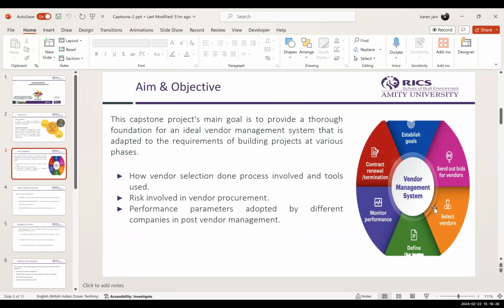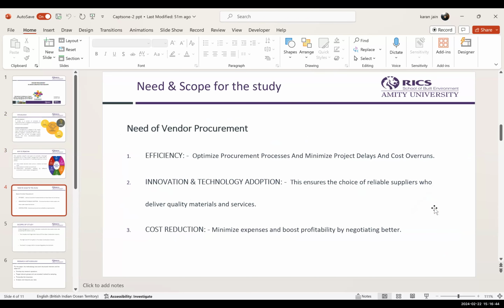Some of the aims and objectives of the research: how vendor selection is done, the different processes involved and the tools being used; second, the risks involved in vendor procurement and the performance parameters adopted by different companies in post vendor management. Need and scope for the study.